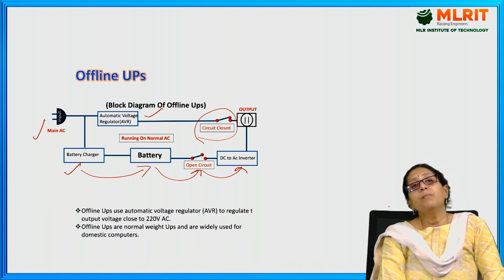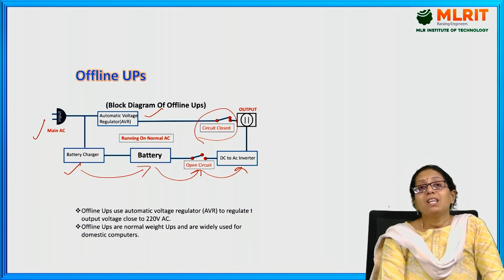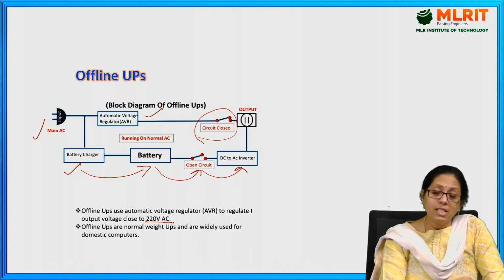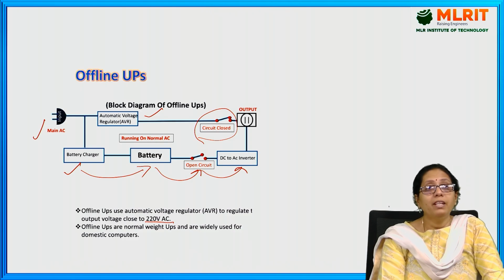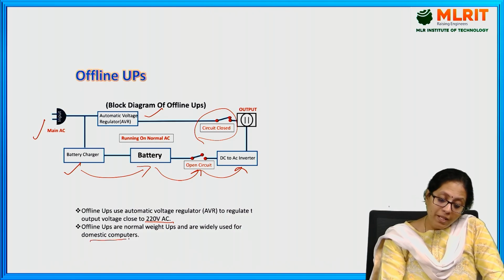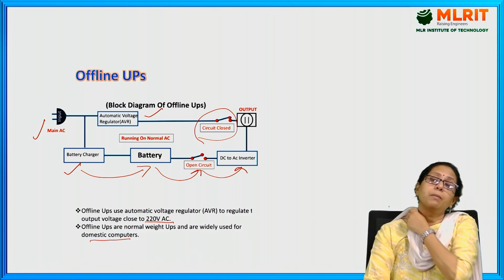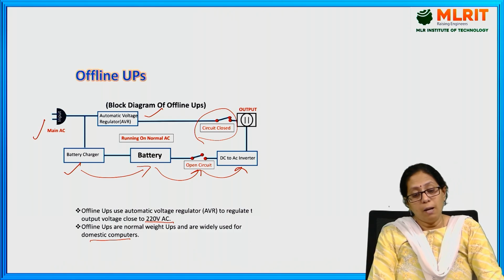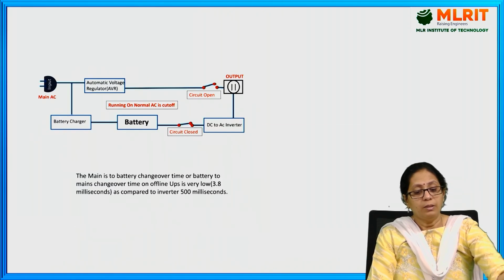The offline UPS uses an automatic voltage regulator to bring the output voltage close to 220 volts AC. Offline UPS units have normal weight and are widely used for domestic computers. That means mostly for domestic applications we will be using this offline UPS.